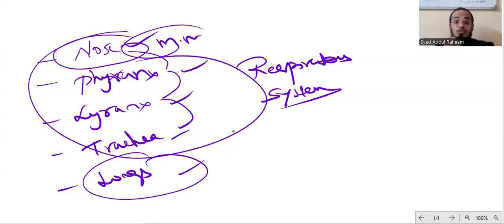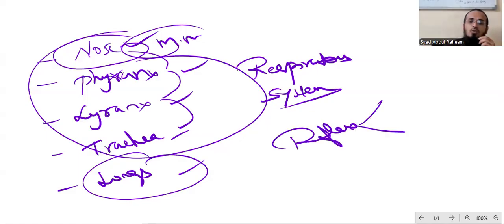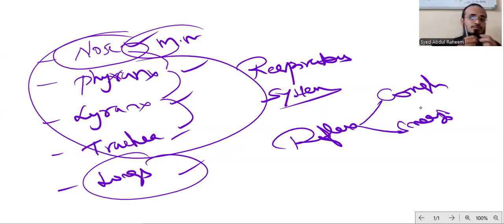Okay, it is called reflex. What is called reflex? We have two reflexes, cough reflex and sneezing. These are reflexes. When the irritant or any particle or any bacteria, any virus touches that mucus, it will want to expel it.